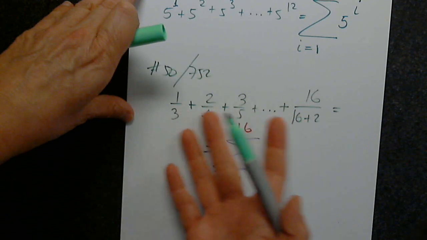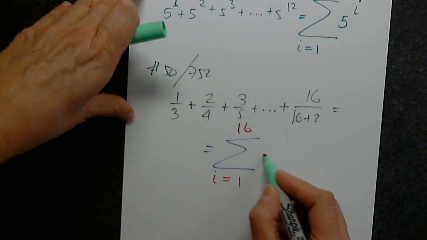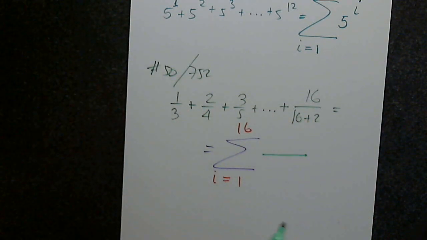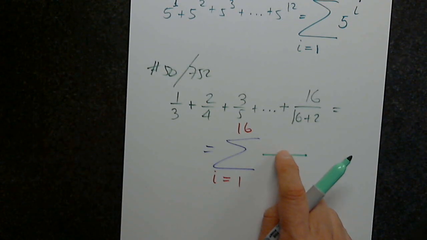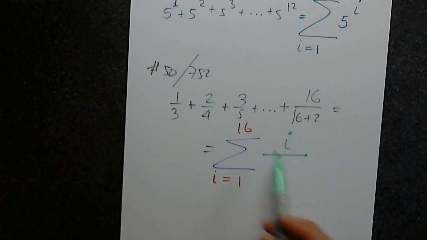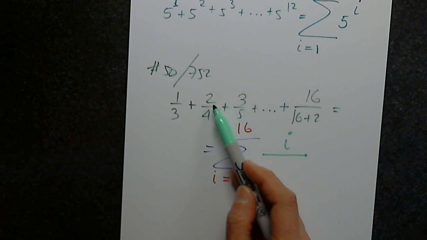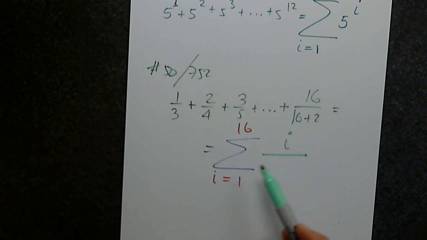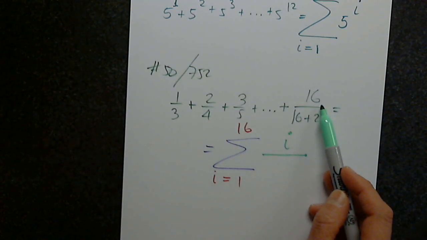First of all, they are all fractions, right? So this must be a fraction as well. So what would be the top? Let's start with the top first. 1. You mean I, right? Yes, when I is 1, this will be 1. When I is 2, this will be 2. When I is 3, it will be 3. Dot, dot, dot. When I is 16, it will be 16.